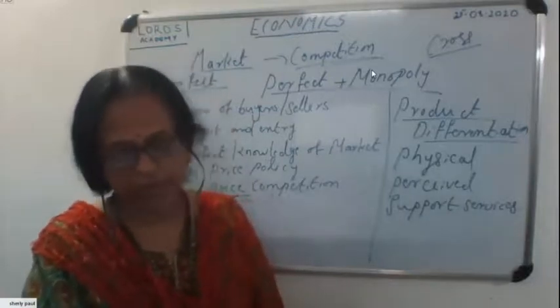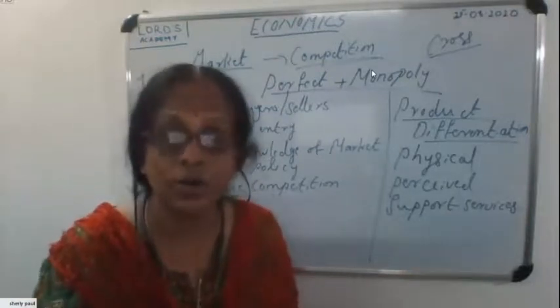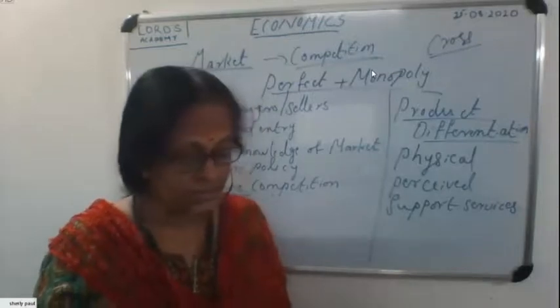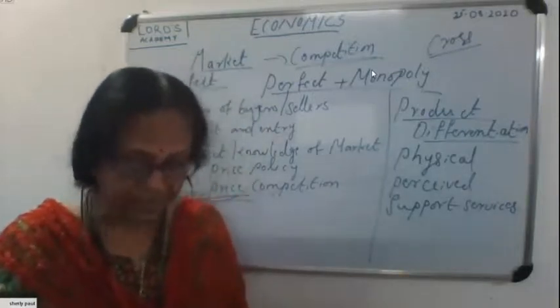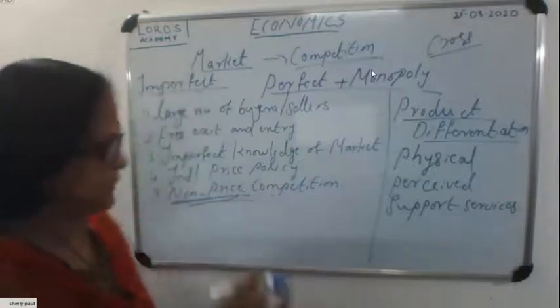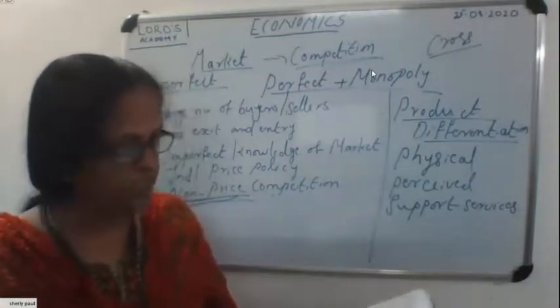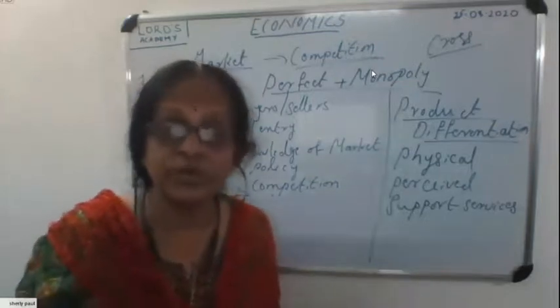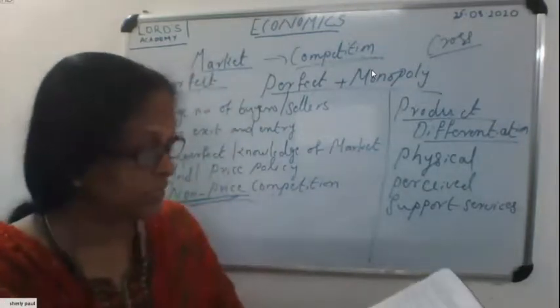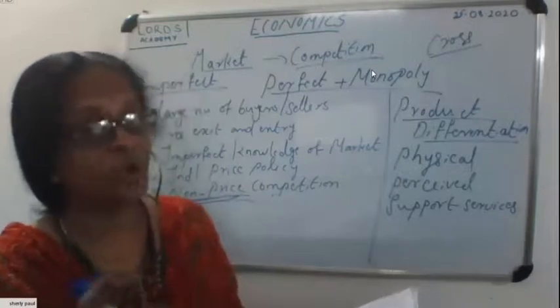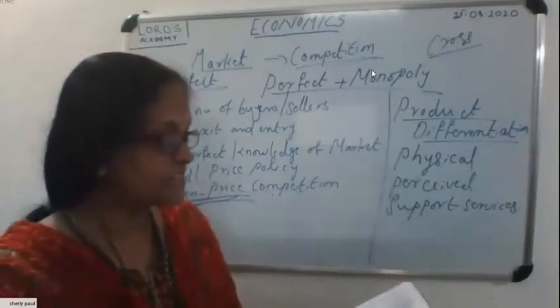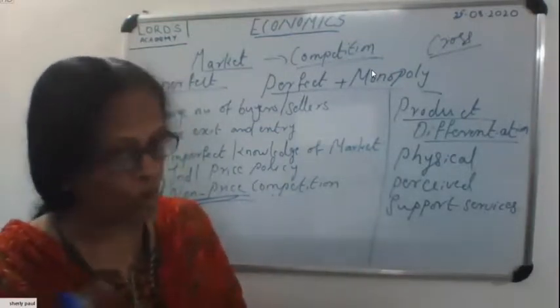Now, you have to study one more market. Some tables are here, and what we studied comes in them. Here, the distinction between perfect competition and monopolistic competition is on page number 120. The last table we studied was perfect competition and monopoly.